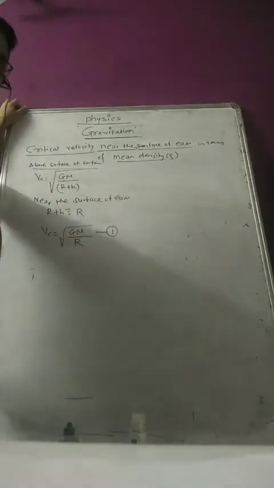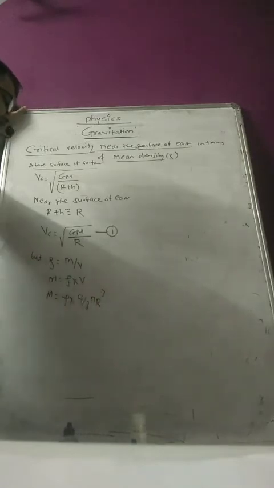Now I want to calculate this expression in terms of the mean density. We know the density is equal to mass upon volume. Therefore mass is equal to density into volume. What is the volume? 4 by 3 pi r cube.